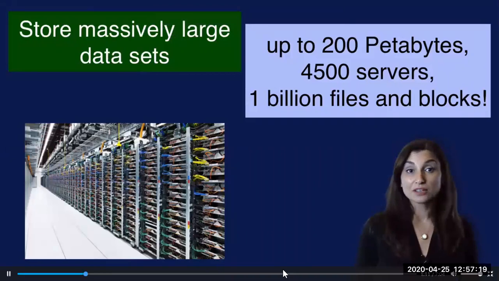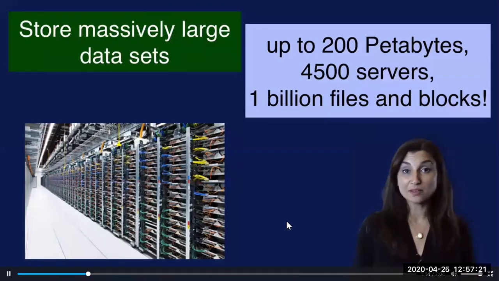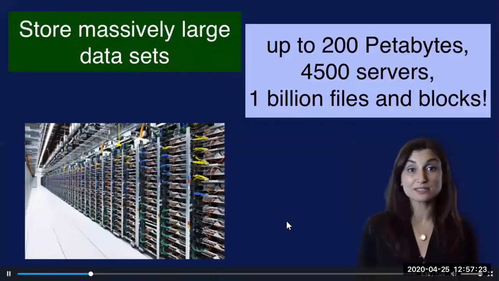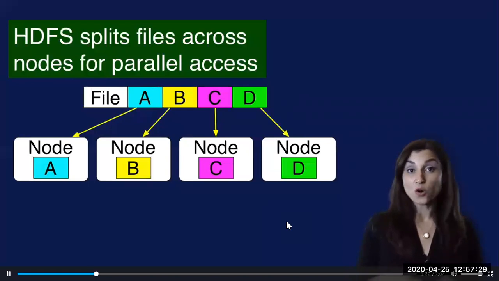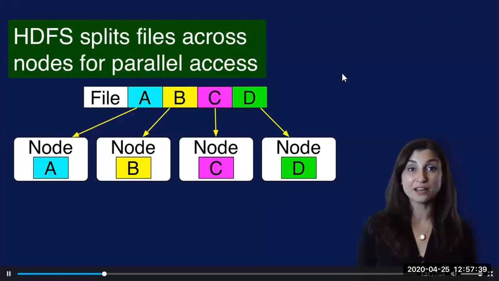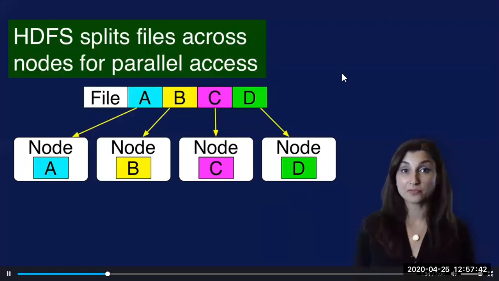If you run out of space, you can simply add more nodes to increase the space. HDFS achieves scalability by partitioning, or splitting, large files across multiple computers. This allows parallel access to very large files, since the computations run in parallel on each node where the data is stored.